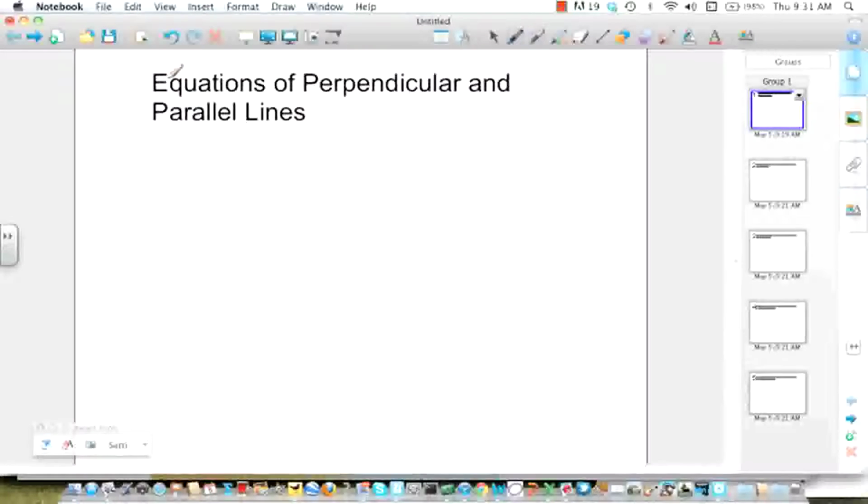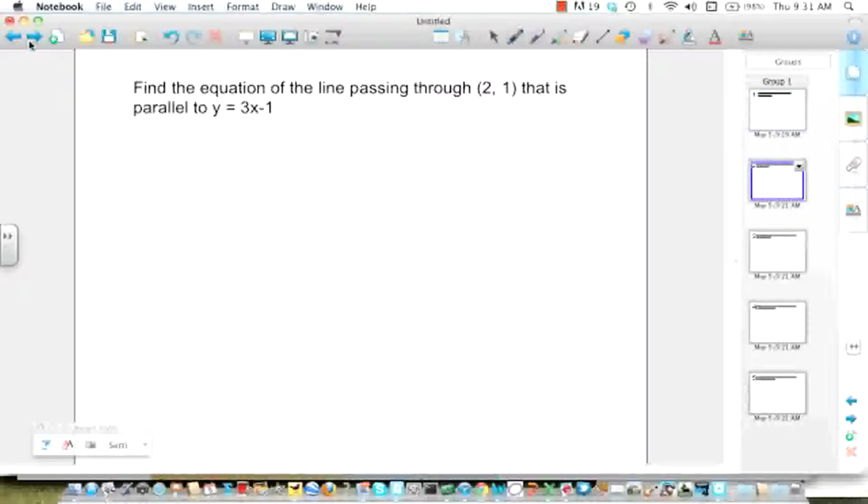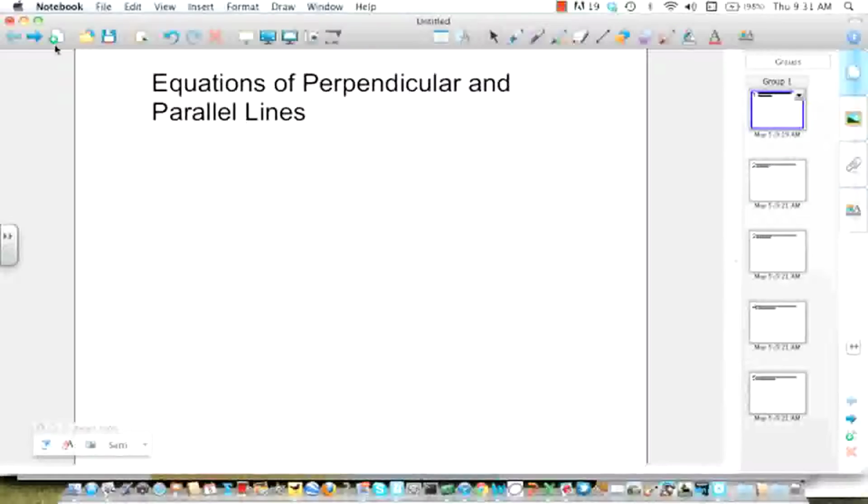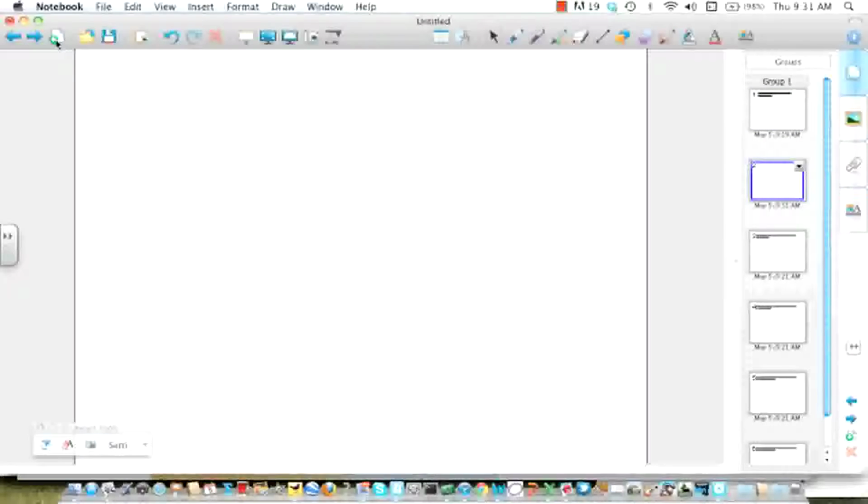Equations. So what we've done so far, we've talked about what the general equations of straight lines are. Who can remember what the two forms of the equation of a straight line are? What's the first one? General form.